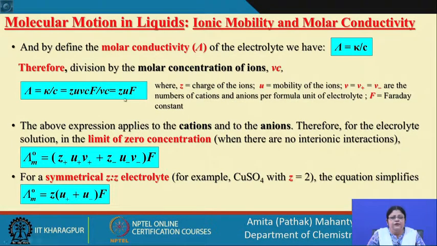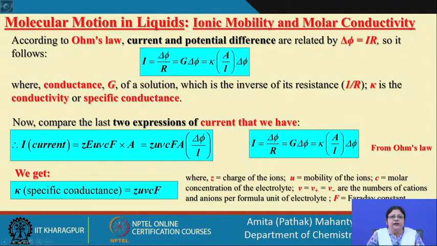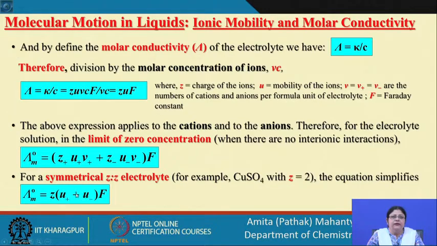Okay. So, we have an expression where previously I was equating it with the specific conductance. Now, I am equating it with the molar conductance. So, the molar conductance expression comes to be lambda equal to Z u F. Here u is the mobility of the ions.